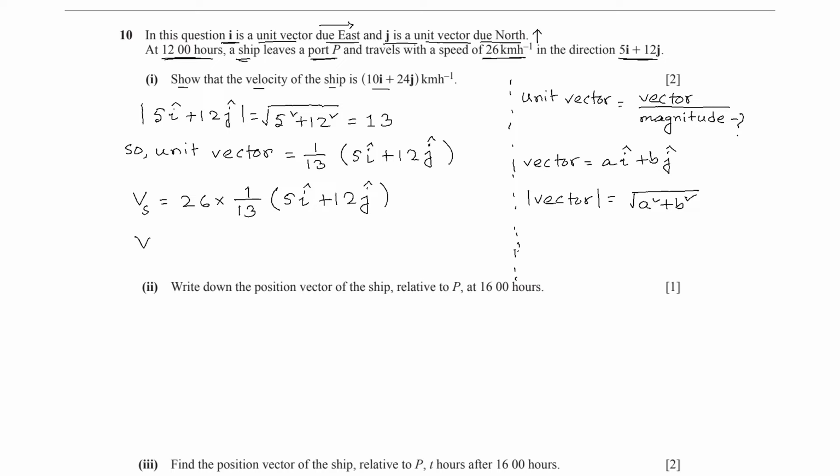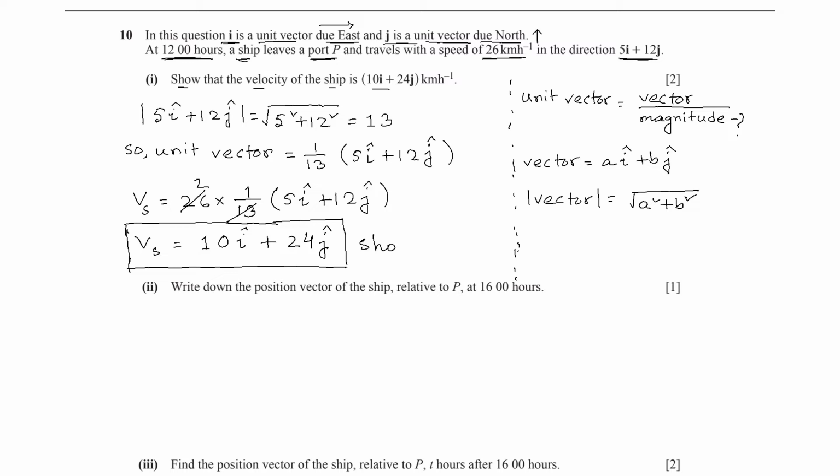So let's simplify it. vs is equal to 26 divided by 13 is 2, so 2 times 5 is 10i and then 2 times 12 is 24j. So we have shown that the velocity of the ship in the direction of 5i plus 12j is 10i plus 24j.